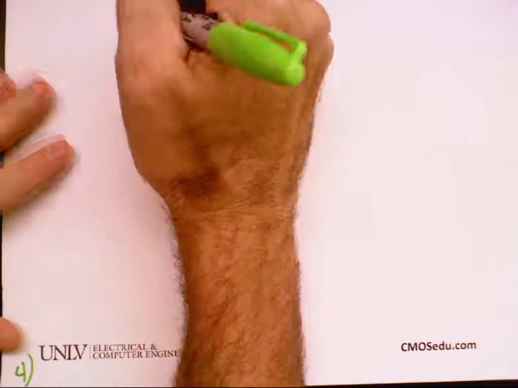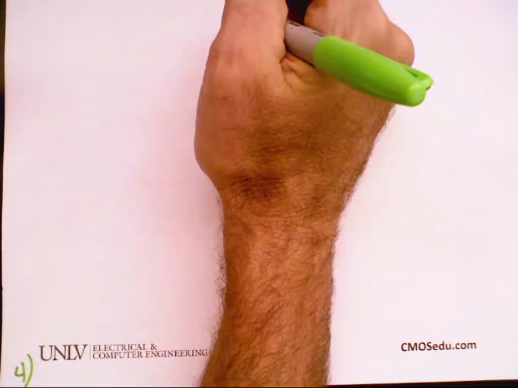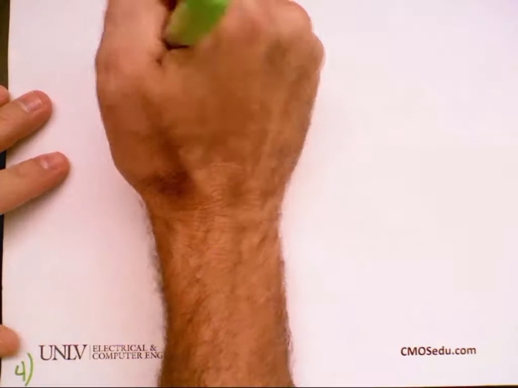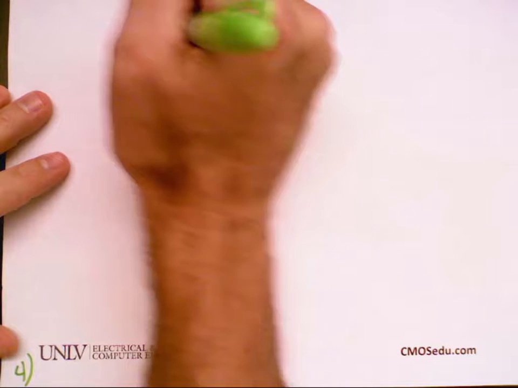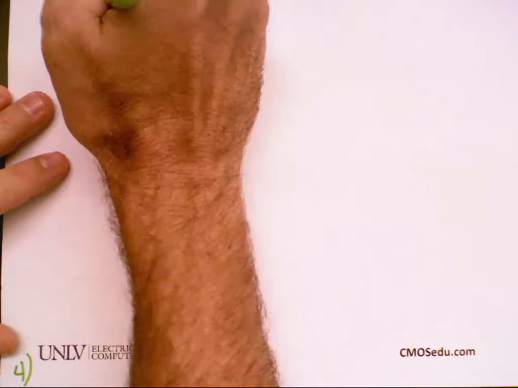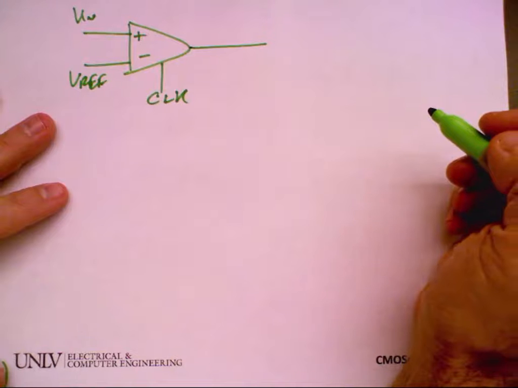If I look at the comparator, I just showed I have an offset, right? So I want you to tell me qualitatively: here's my comparator, there's the plus input, there's the minus input, here's my Vref, here's Vin, there's the clock signal. Tell me, how do I know this has an offset?